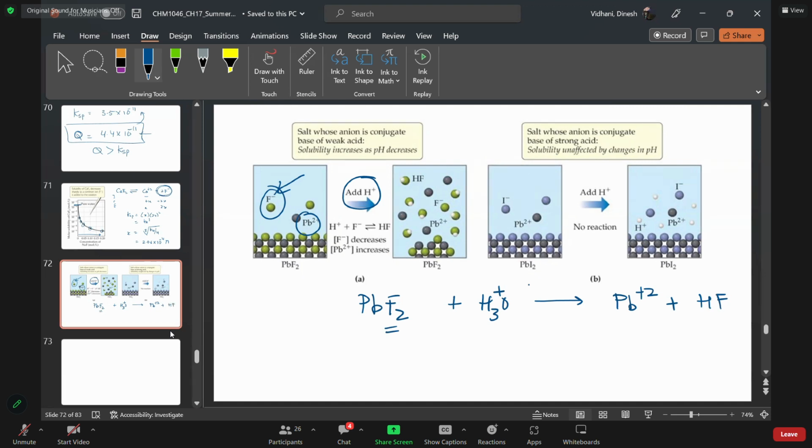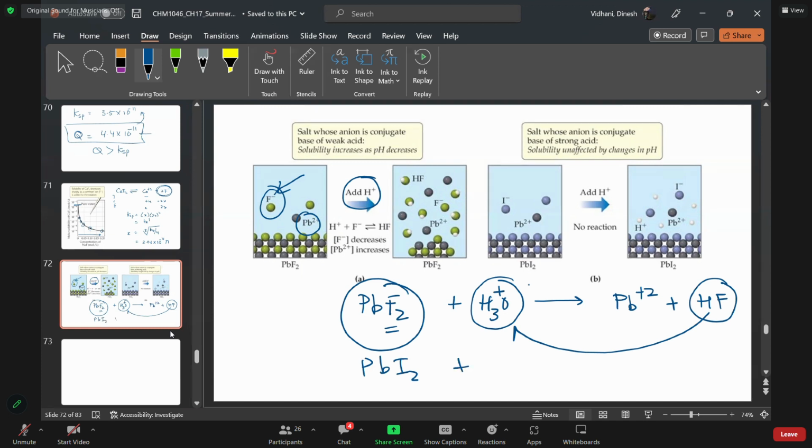Now, hydrogen fluoride is a weak acid. It does not want to go back. Essentially, what happened was using lead fluoride, you were able to decrease the pH of the solution, just like the buffer solution, right?